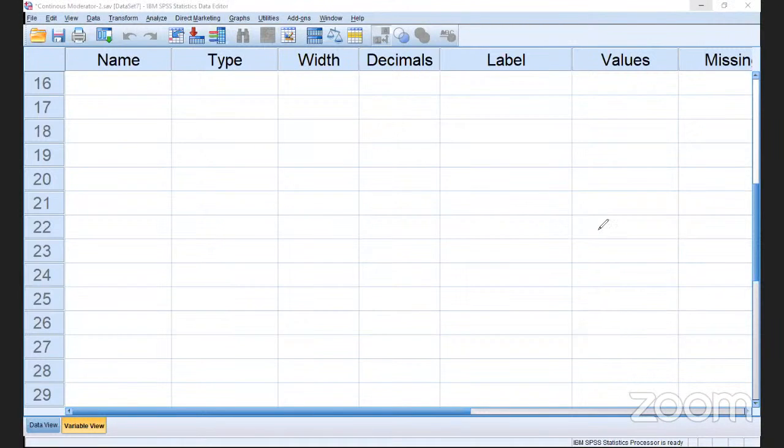For example, I am taking 10 statements, question number 1, 2, 3, and all the questions are in the form of 0 to 10 or 0 to 100. If all the questions are in this form, then there is no need for standardization.